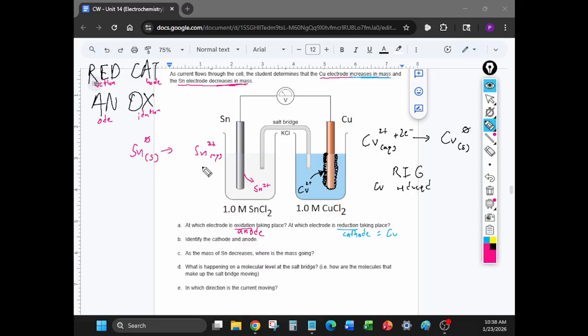That means you are losing electrons. So here, electrons are a product. Okay, and if you remember OIL RIG, oxidation is loss. Tin is losing electrons to become the cation in the solution. That means that tin is being oxidized. So that means that oxidation takes place at the anode, and the anode is going to be tin.